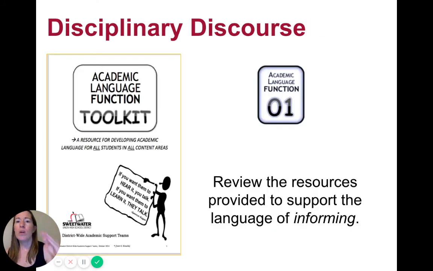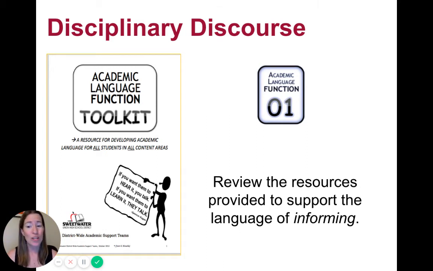All right, so we're going to ask our students to take on the role of a scientist or the role of a mathematician, and we're going to ask them to speak in a certain way and to construct knowledge in a certain way. One tool that we're going to use to help us plan for that in a meaningful way is called the Academic Language Function Toolkit. I Teach ELLs did not create this toolkit. This toolkit is amazing.